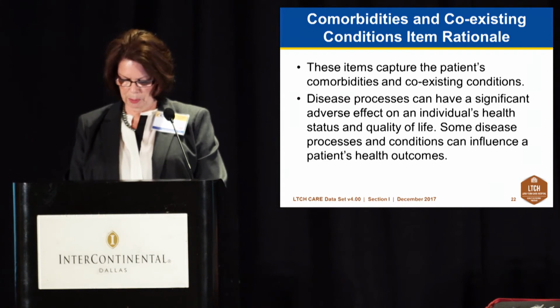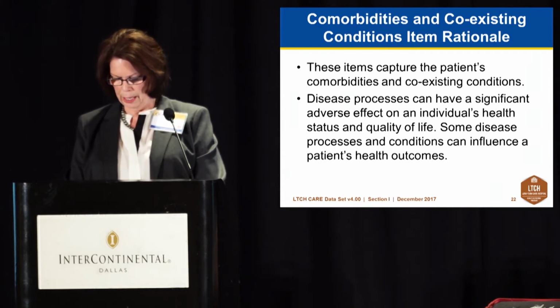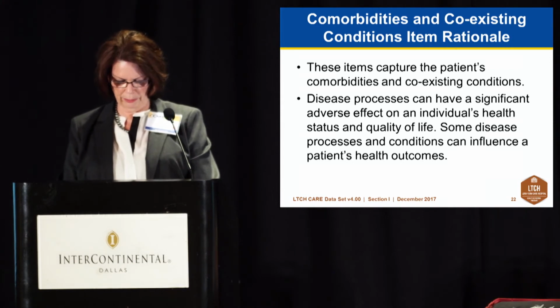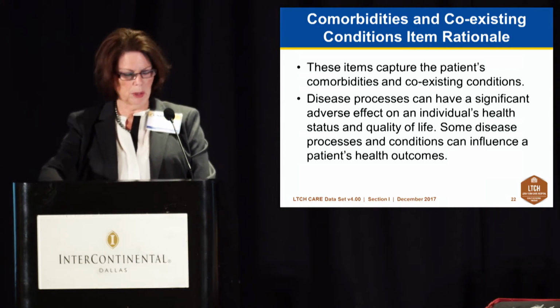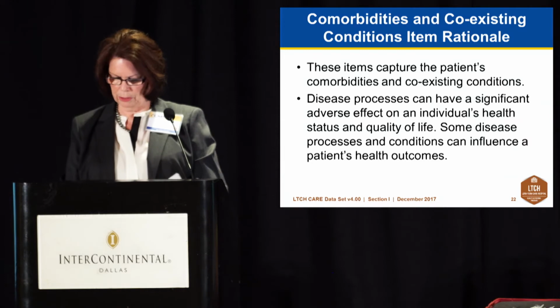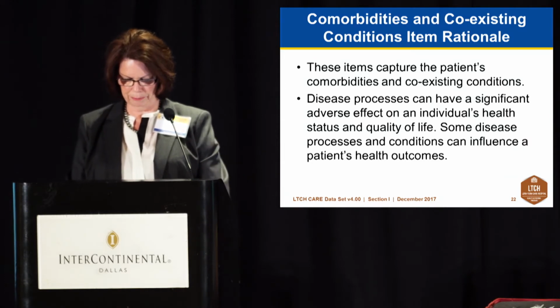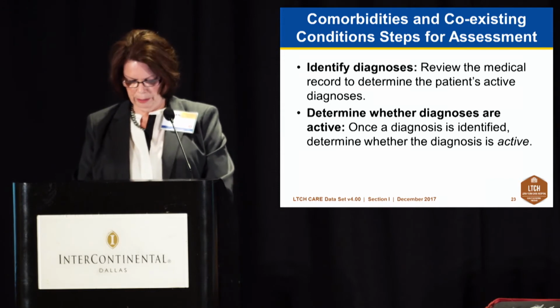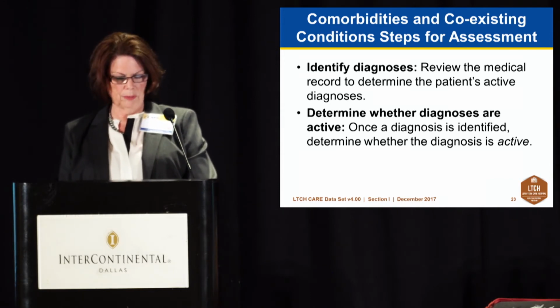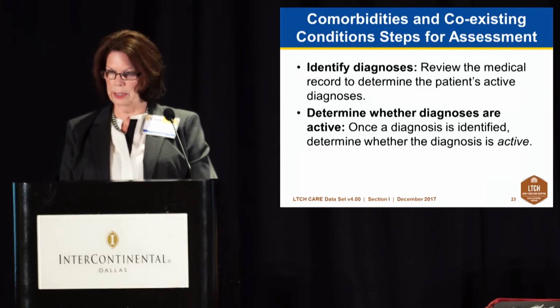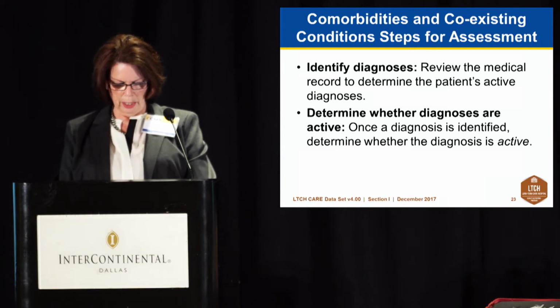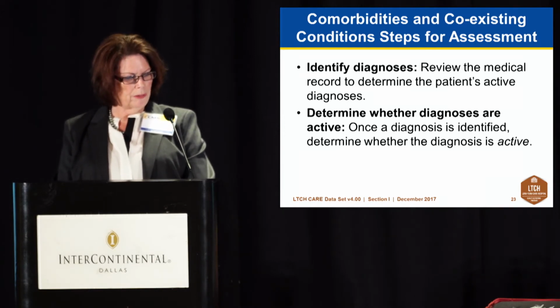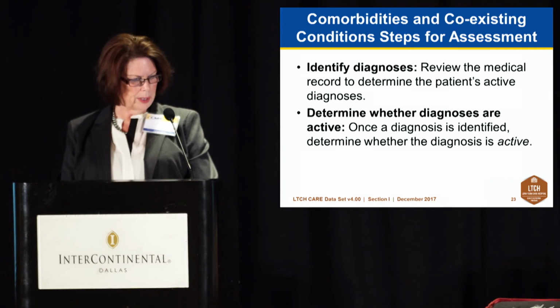As you know, disease processes can have a significant adverse effect on the individual's health, status, and quality of life. And some disease processes and conditions can influence a patient's health outcomes. As earlier stated in the presentation, the list of comorbidities and coexisting conditions have expanded. A few points of emphasis.